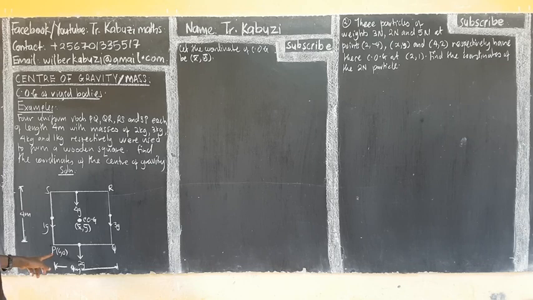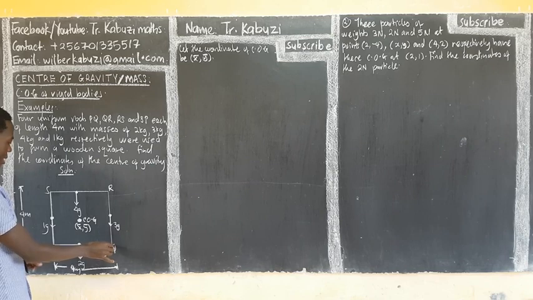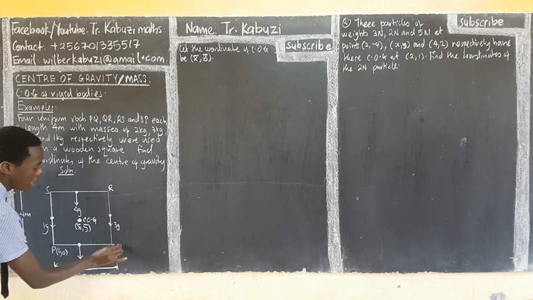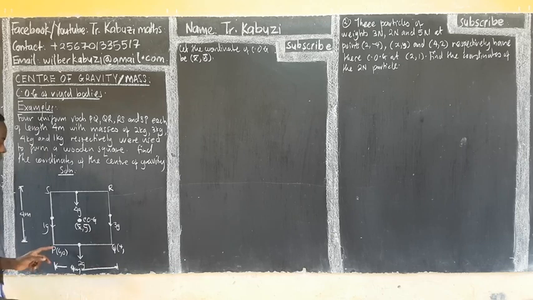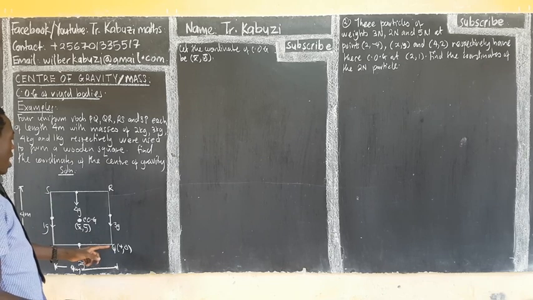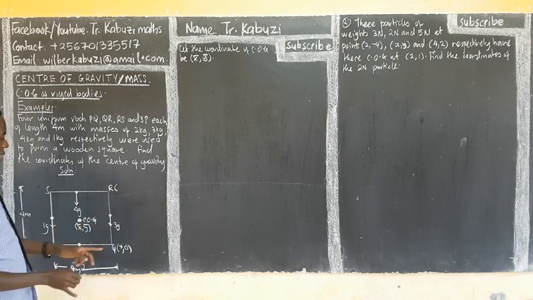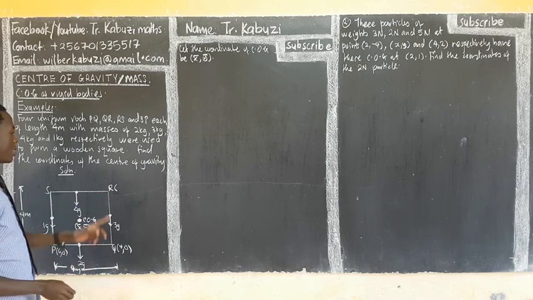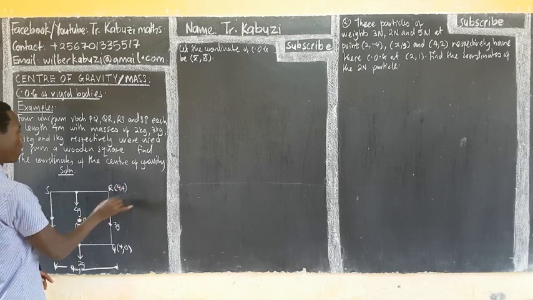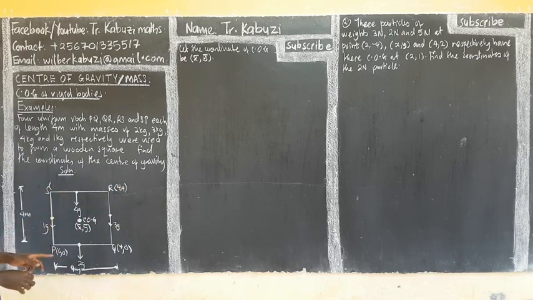Now, if this is 0, 0, it means that here I have moved x units, which are 4 in the x because this is horizontal. I have not moved in the y, so y is 0. Then if I move from here up to here, this coordinate is going to be 4, 4. And this one is going to be, the x is 0 and the y is 4, so 0, 4.